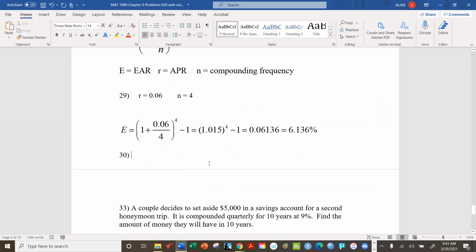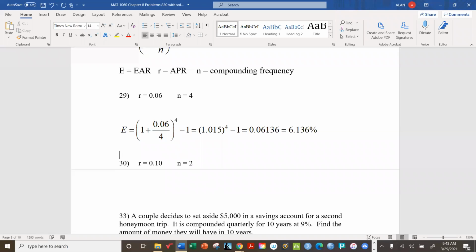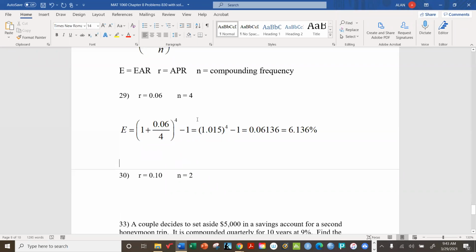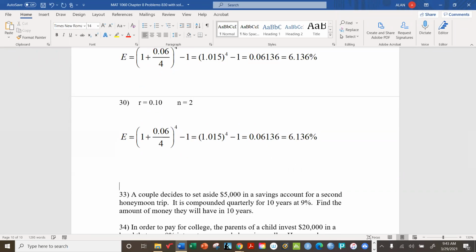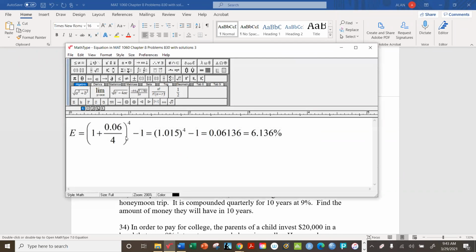All right, in question 30, they give us an APR of 10% and a compounding frequency of 2. So let's get that one going. Okay, so it's 10%, 2 periods. So that gives us 10 in the numerator. Down here we have 2.